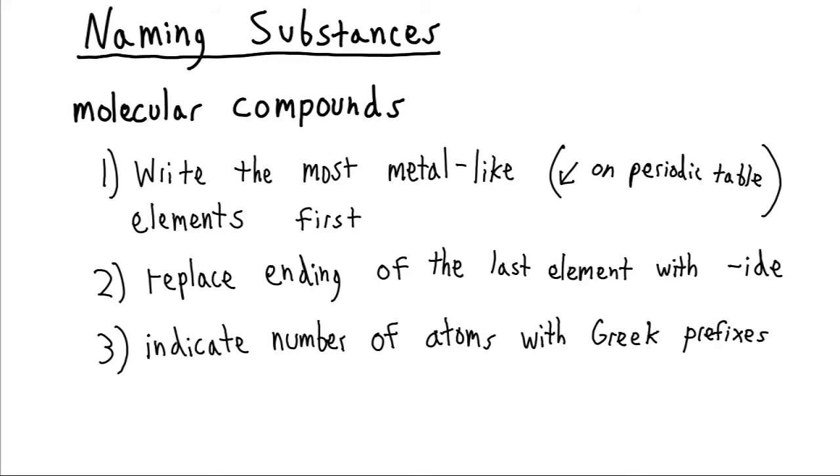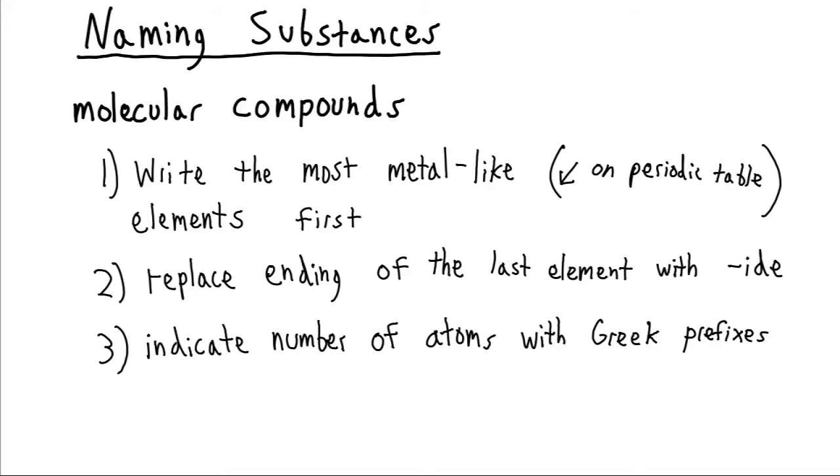So as you go further down and to the left, you have more metal-like elements. And so those will be the ones that get the name first, and then we will proceed to name the other elements. Now, when you get to the very last element, you're going to chop off the last couple of syllables and replace them with "ide."